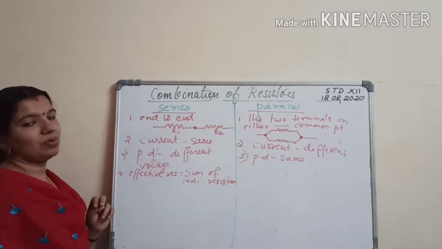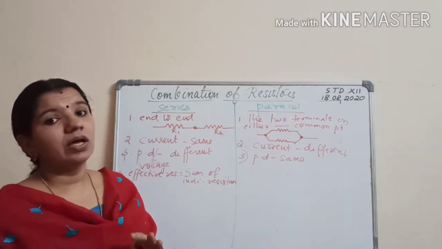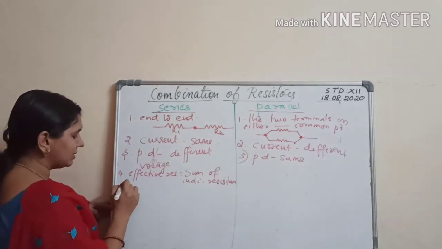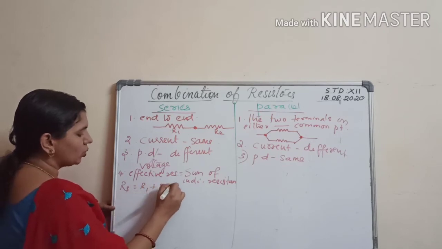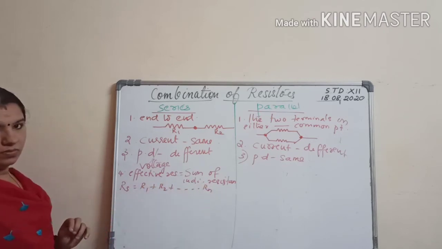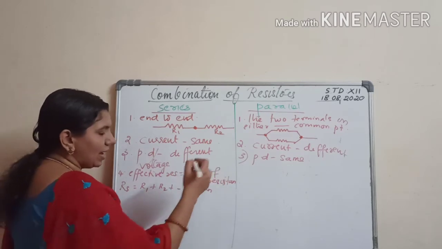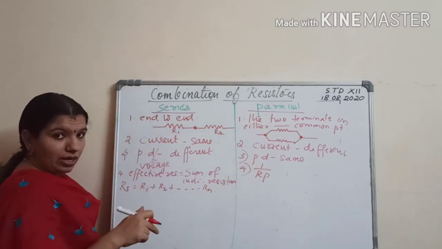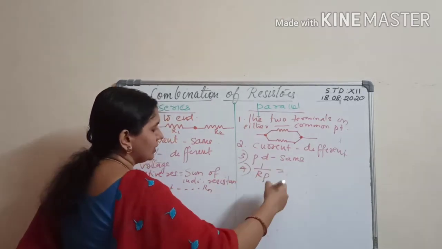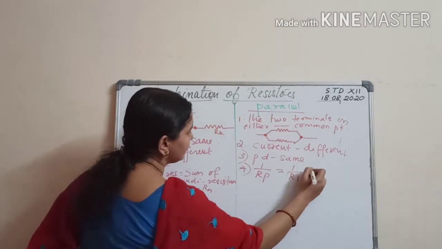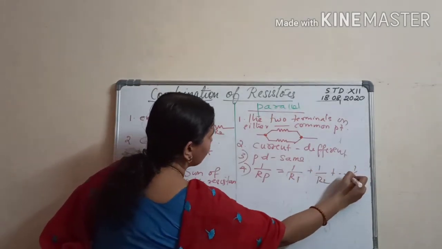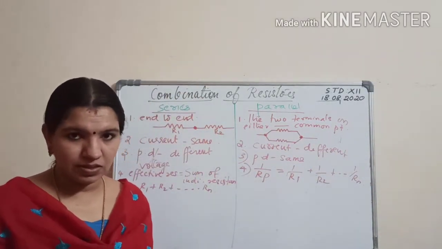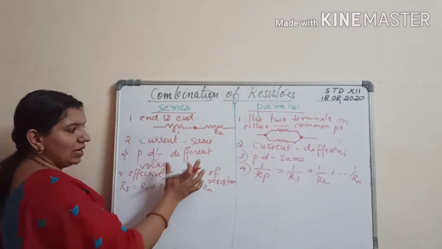That means if there are a large number of resistors like R1, R2, R3, etc., you can find the effective resistance in series as Rs is equal to R1 plus R2 plus etc. to Rn. Clear? In the case of parallel combination, the reciprocal of the effective resistance is equal to the sum of the reciprocals of the individual resistances. Clear? So these are the main points.